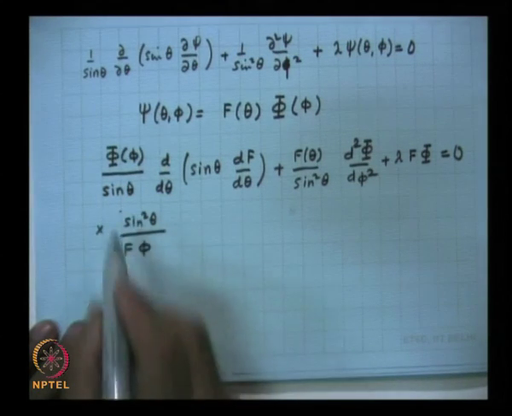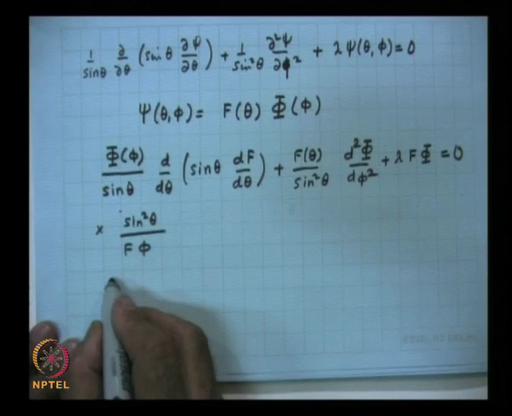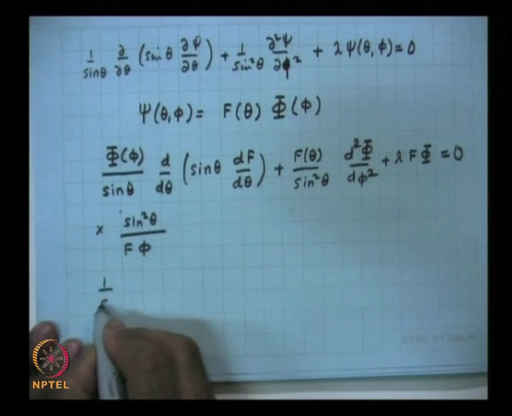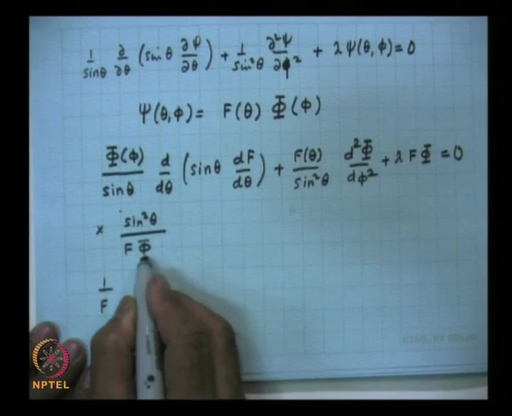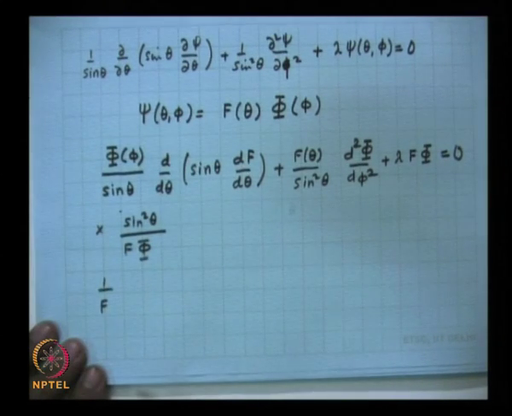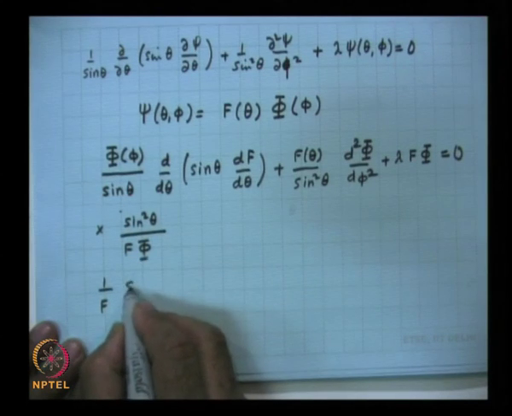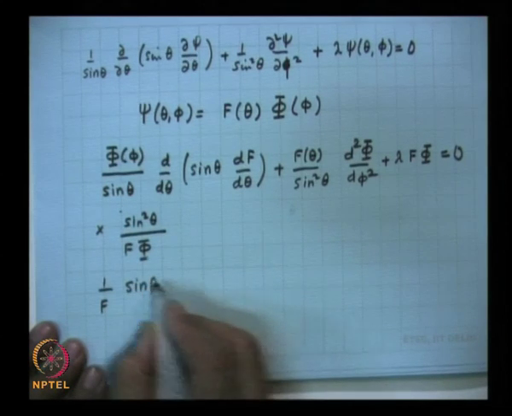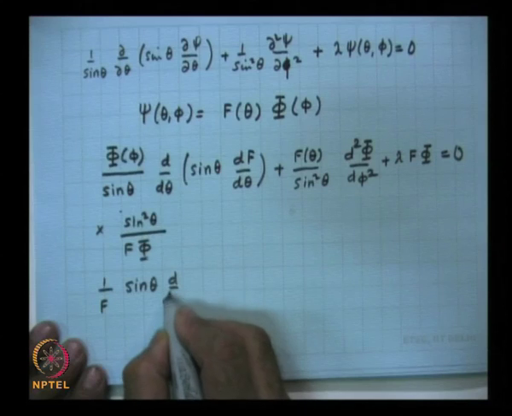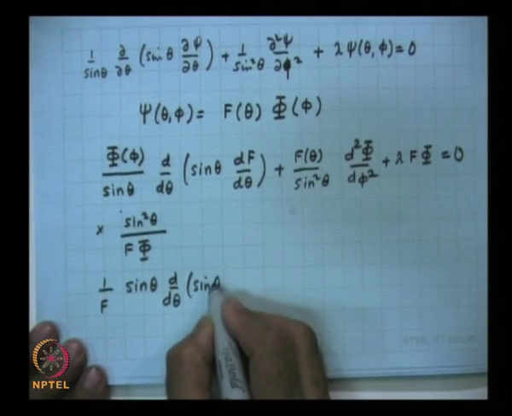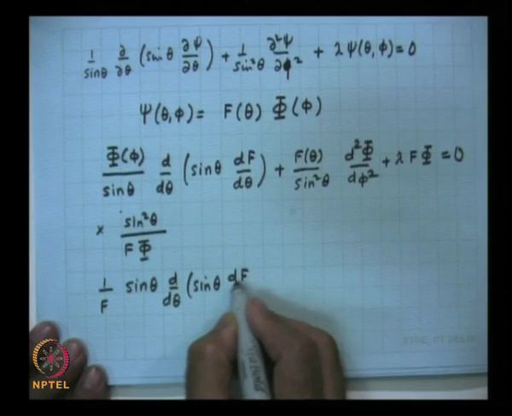So, please see, if I multiply the whole equation, then I get 1 over f, because this phi will cancel out with this, 1 over f sin square theta by sin theta, that is sin theta d by d theta of sin theta df by d theta.